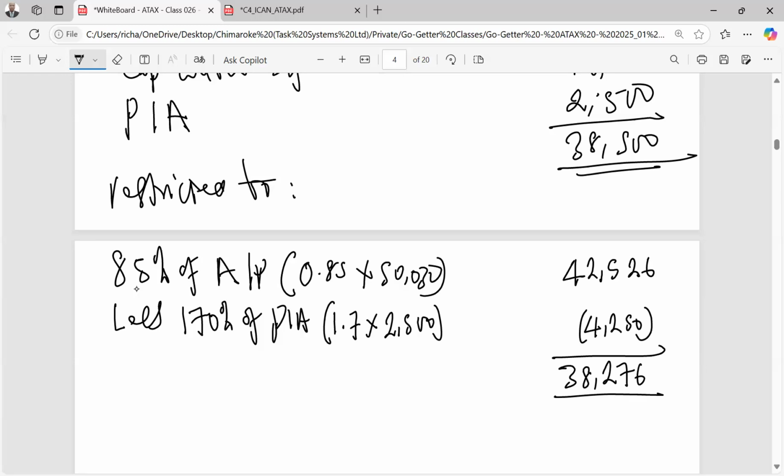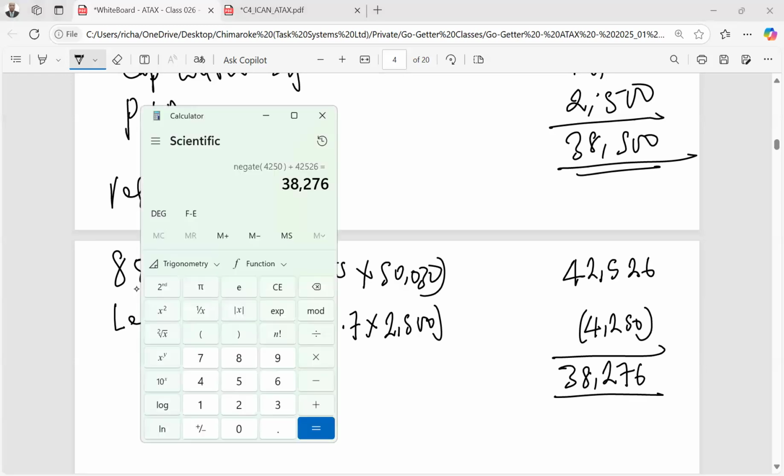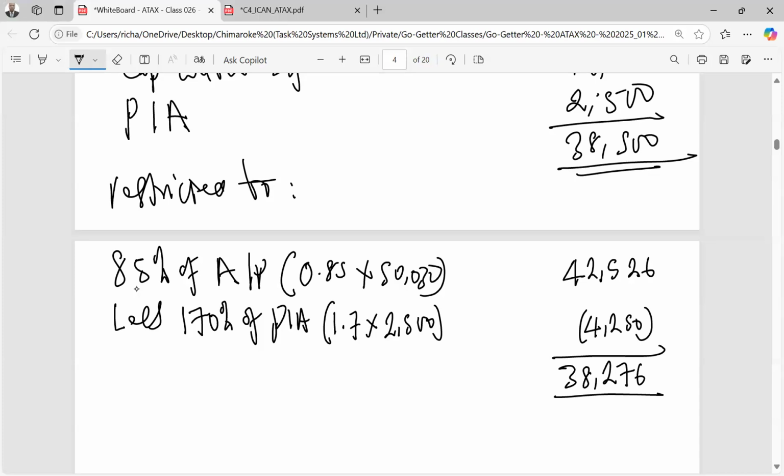Now, what it means is that, just like when we did capital allowances and we said capital allowance is restricted to 2/3 of, now this restricted means you cannot take more than this. So assuming this is higher, if this figure is higher than this, we will take the lower one because this is what was incurred.